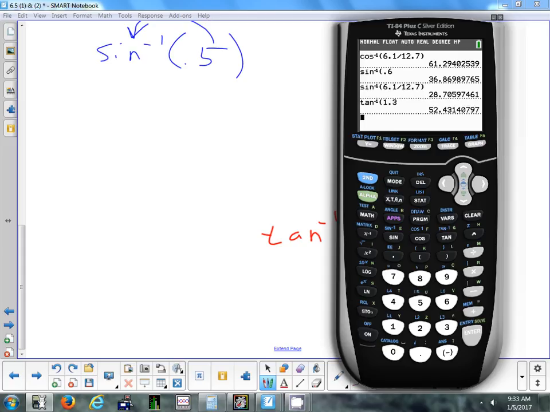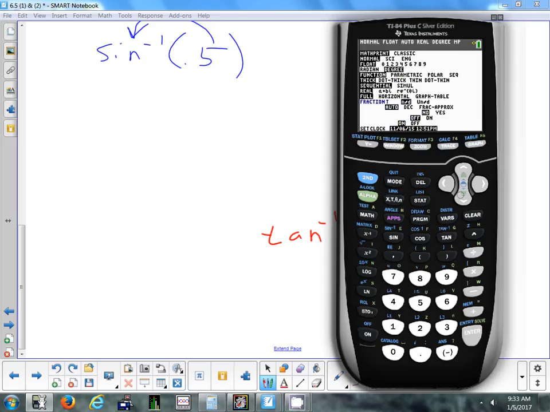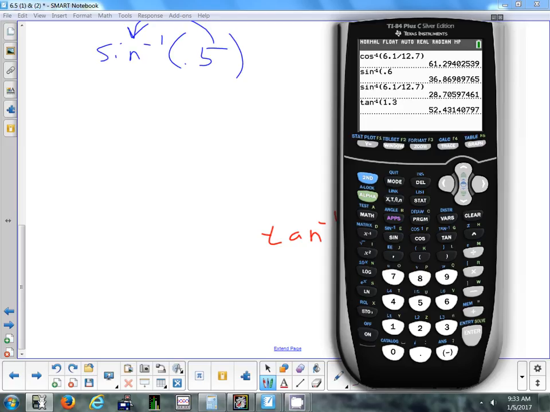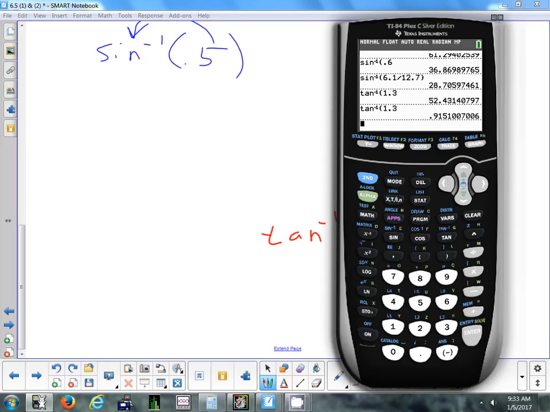The answer is 52.43 degrees. I can do this in radians too, just switch the mode. If they wanted an answer in radians, just change to radians and type in exactly the same thing. So the inverse tangent of 1.3 is 0.92 radians, or 52.4 degrees.